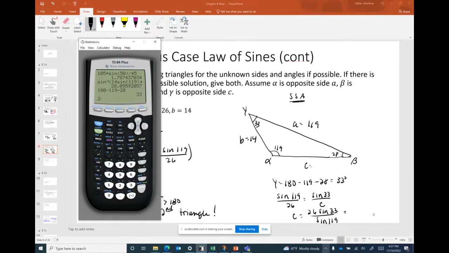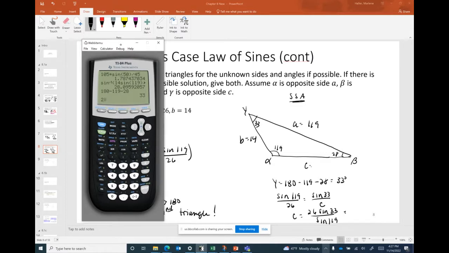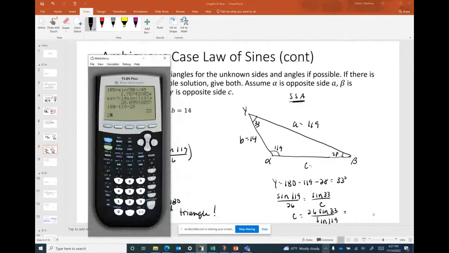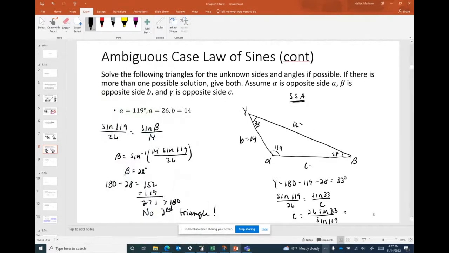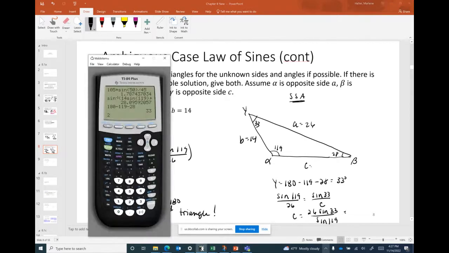Where did I get 26 from? What did I do wrong here? Oh, I didn't write that. A is supposed to be 26, not 119. All right, so 26 times the sine of 33, divided by the sine of 119.